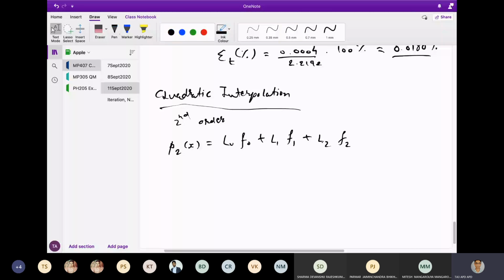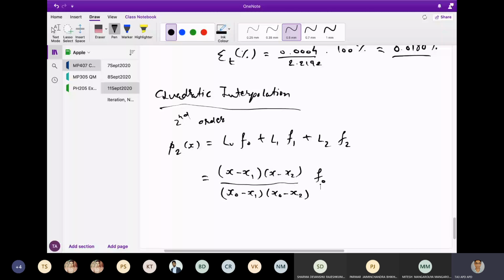and if you now plot all three Lagrangian curves, L0, L1, L2, then for L0, what do you take? You take x minus x1 and x minus x2, the opposite two points, divided by x0 minus x1, x0 minus x2, into f0.